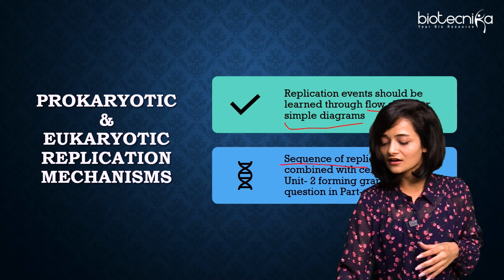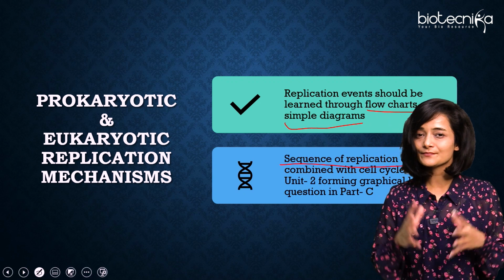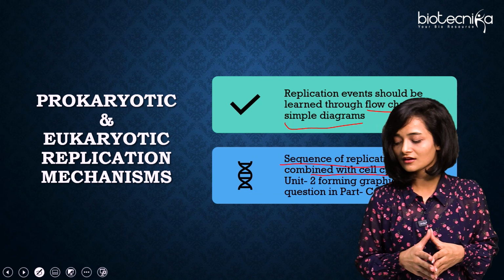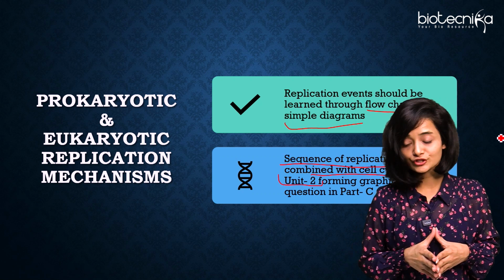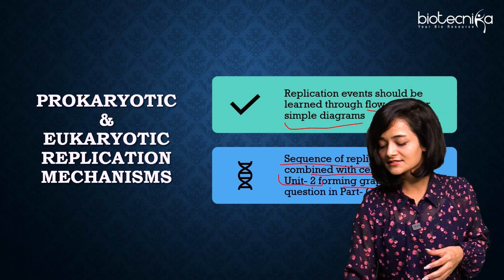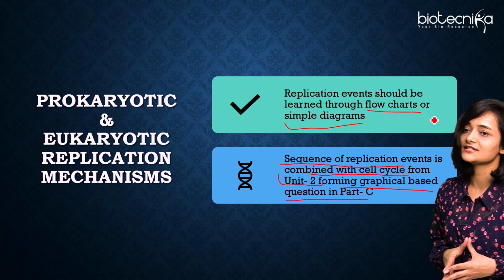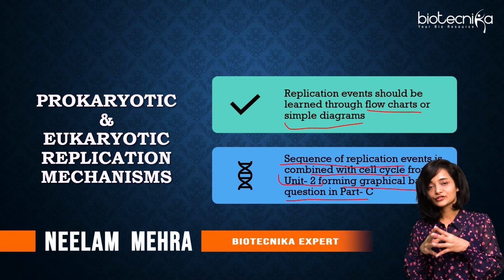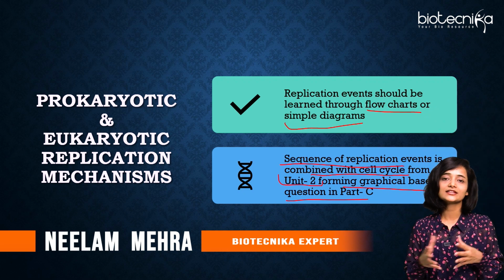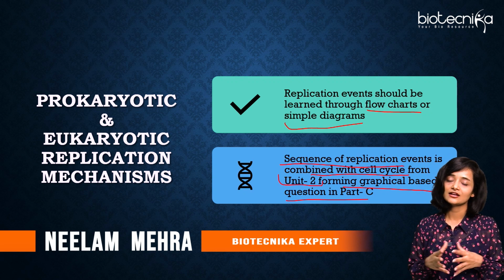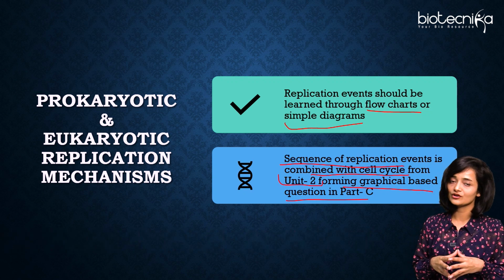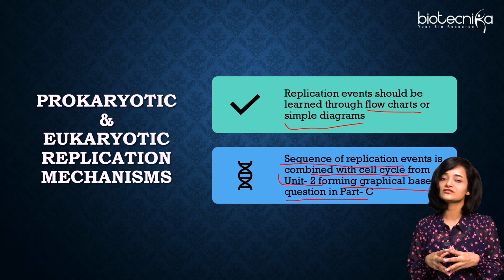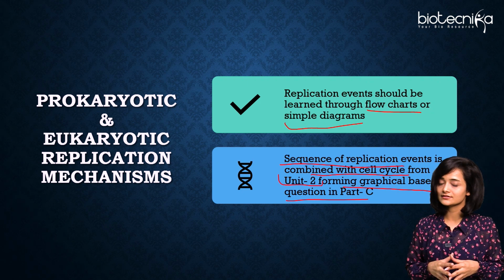The sequence of replication events is most of the time combined with the cell cycle, that is from Unit 2, and graphical based questions are asked in Part C from this section. For this also you can take the previous year question paper and look for yourself what kind of questions come here so that you can get a clear-cut idea, and it would be simpler for you to solve these kinds of questions later through practice.